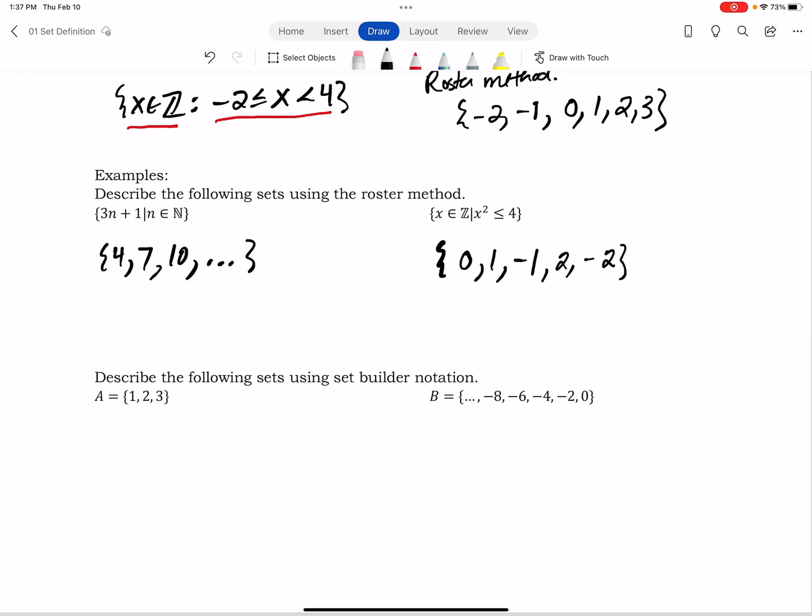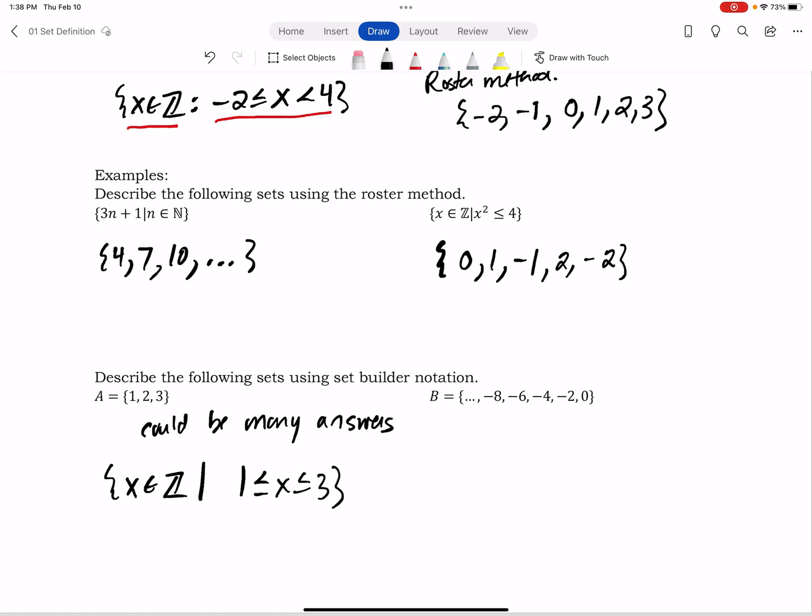Okay, so in the last example, we have 2 sets that are in roster method, and we want to write them in set builder notation. So there's lots of different ways. There could be many answers. For this one, A equals {1, 2, 3}. You could say all the integers such that 1 ≤ x ≤ 3.